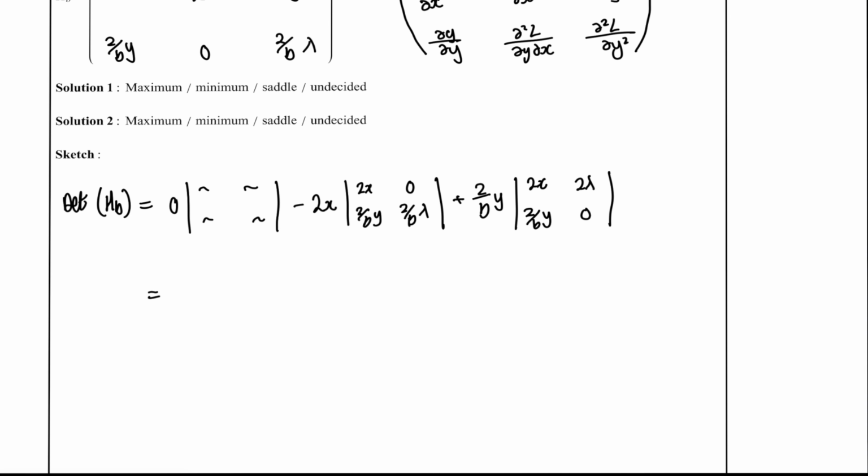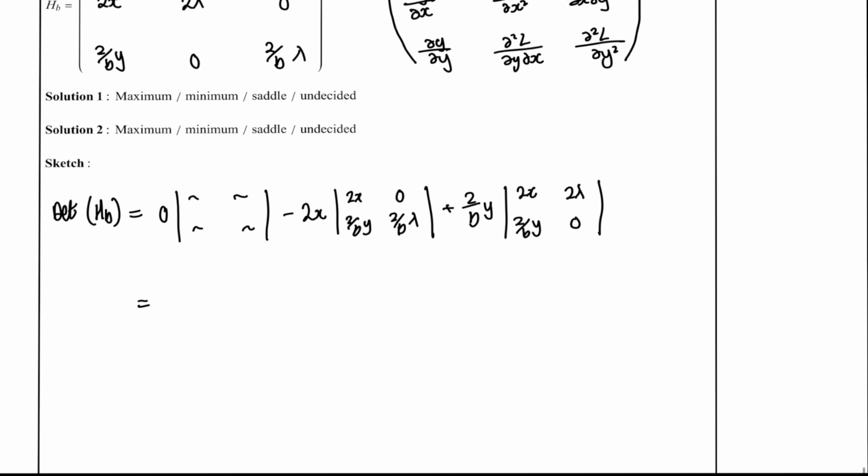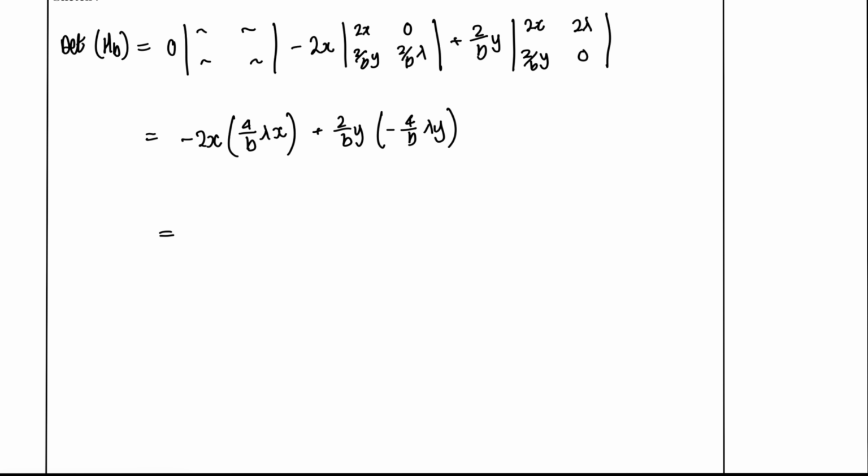Of course this just turns into a 0, and we get minus 4 over b lambda x squared, minus 4 over b lambda y squared, and then we get minus 8 over b lambda x squared minus 8 over b squared lambda y squared, which is minus 8 over lambda b squared, times b x squared plus y squared.